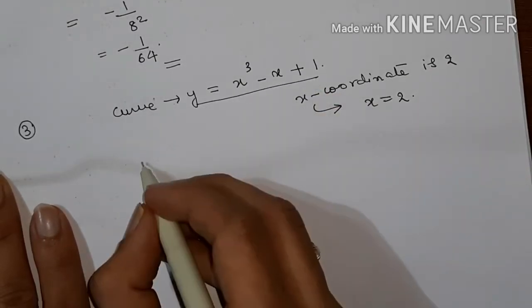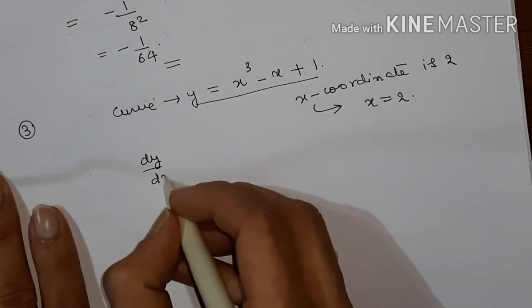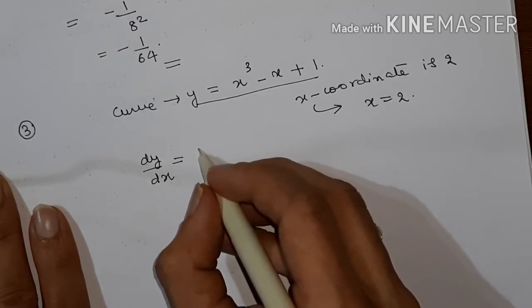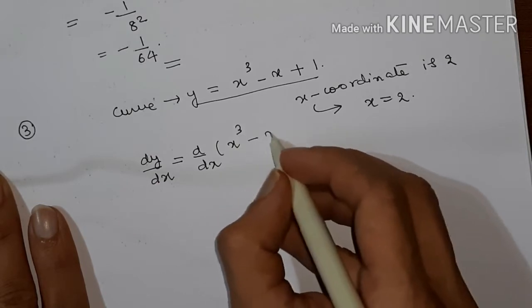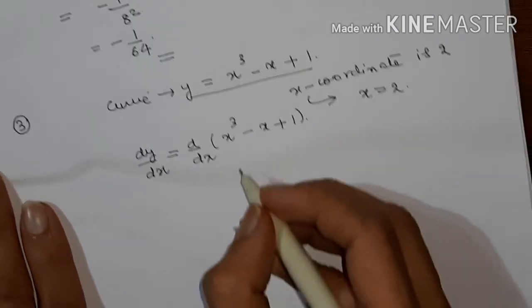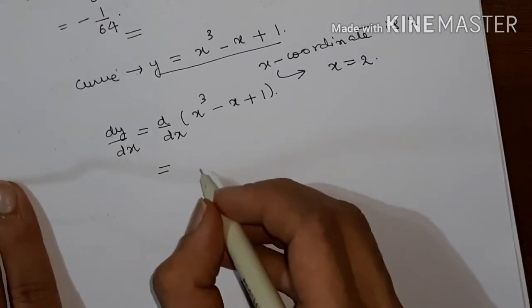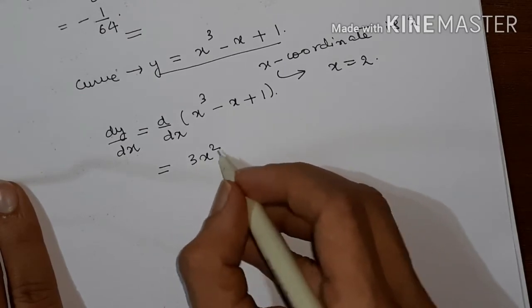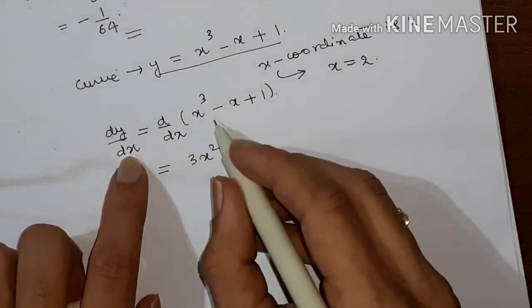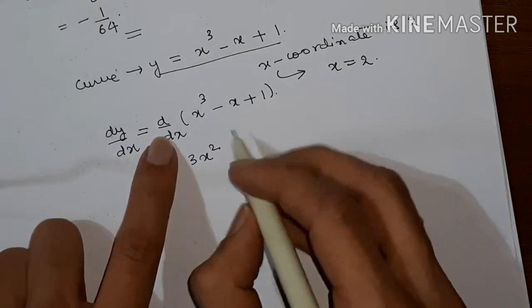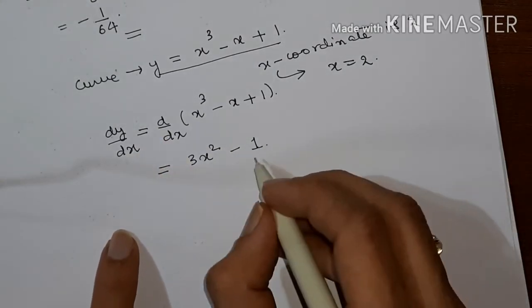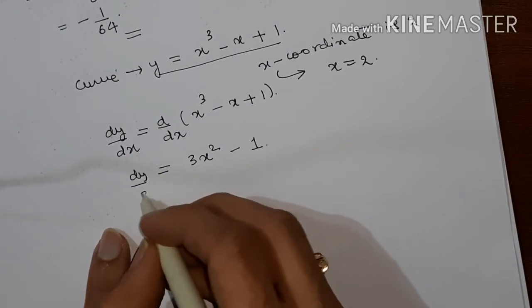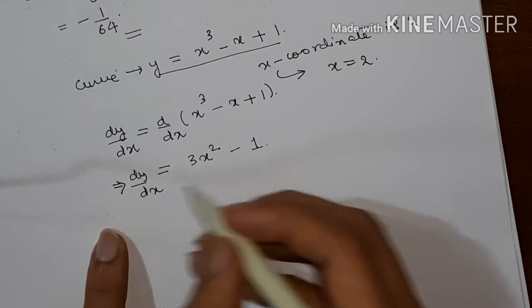That is what they are saying. Now from here, dy by dx is equal to d by dx of x cube minus x plus 1, which is equal to 3x square minus the derivative of x, which is 1. So you'll get dy by dx as 3x square minus 1.